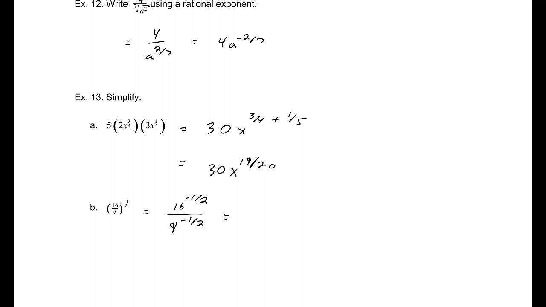The reciprocating happens here, so we get 9 to the 1/2 over 16 to the 1/2. Now if you were to write both of those as radicals, these would seem much clearer. This is the square root of 9. We have the first power and the second root, which is just the square root. And the same down here. So this is going to be the square root of 9 over the square root of 16, which is 3/4.